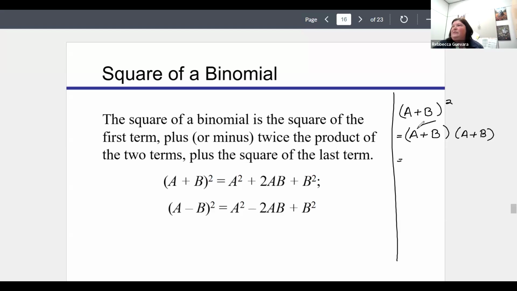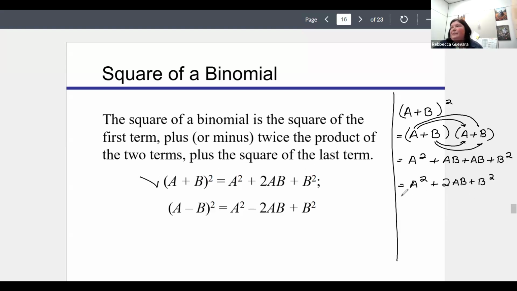And if I do my FOIL, I get a times a, so a squared, a times b, so ab, b times a, which is still ab, and b times b, which is b squared. So to simplify that, that is a squared plus 2ab, I got two ab's, plus b squared. So that is where this comes from.